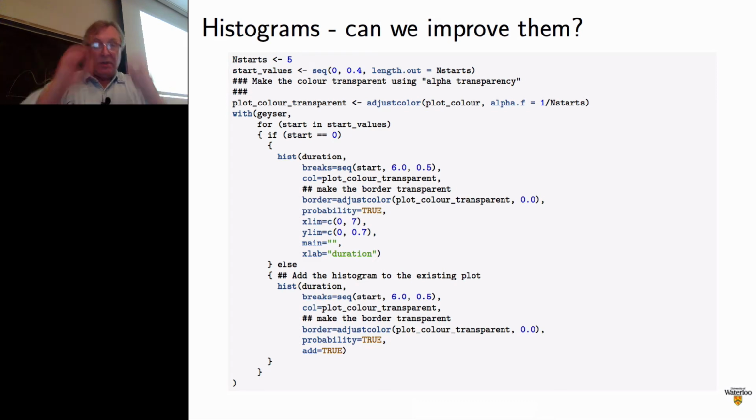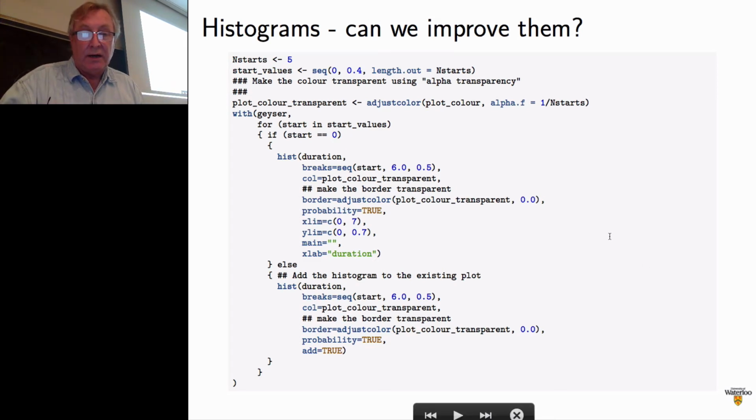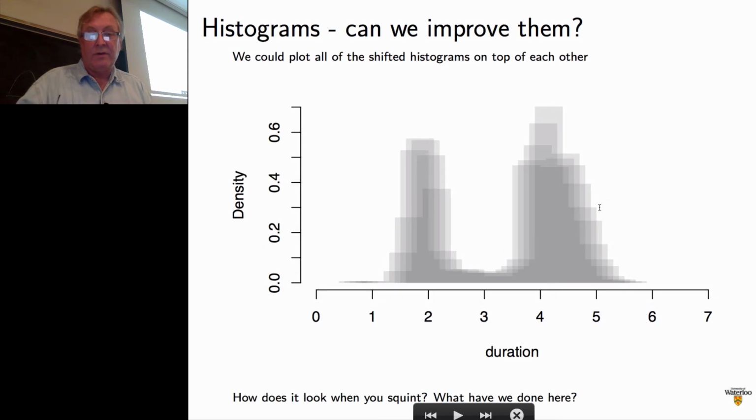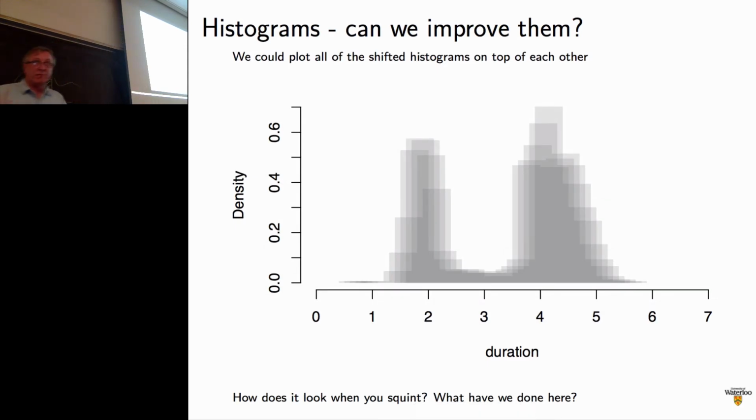So let's move this along, and I'm going to plot a bunch of different values on top of each other, with some transparency. Now these are 5 different histograms on top of each other, each one of which is an estimate of the density. And if you squint your eyes, that looks a little more like a density, sort of a continuous thing.